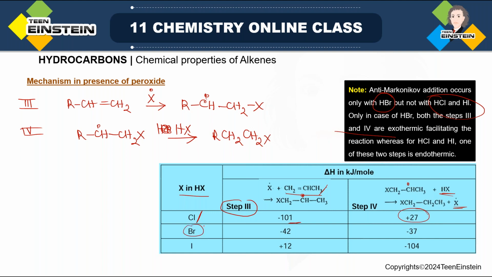When you have taken HBr, both the steps are exothermic. When you have taken HI, that means X is iodine, this step is endothermic, only step 4 is exothermic. So in case of Cl, this is exothermic, but in Br, both the steps are exothermic, and that is the reason anti-Markovnikov addition occurs only with HBr.